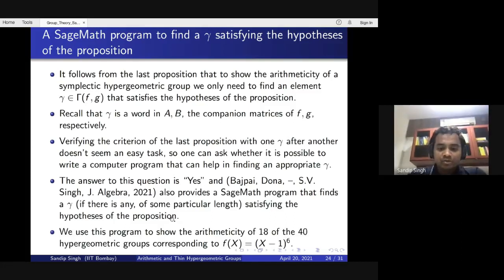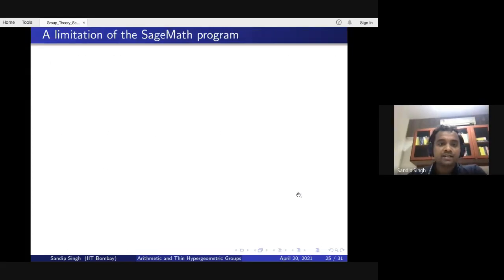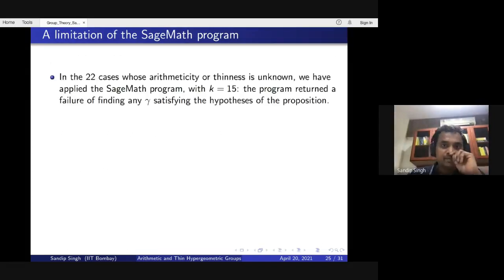We used this program to show the arithmeticity of 18 of the 40 hypergeometric groups corresponding to this f, which is x minus 1 to the power 6. There are some limitations of this SageMath program.